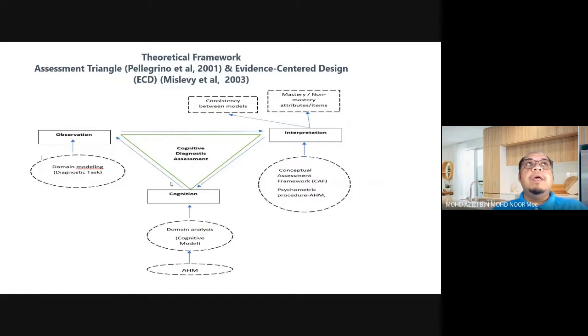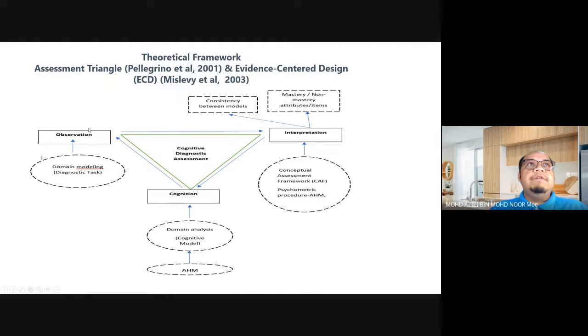For the theoretical framework, we combine the assessment triangle and the evidence-centered design, where the evidence-centered design will map onto the vertices of the cognitive reality assessment triangle. I'll start with cognition, where the domain analysis maps onto cognition. We are developing a cognitive model based on AHM, the attribute hierarchical method.